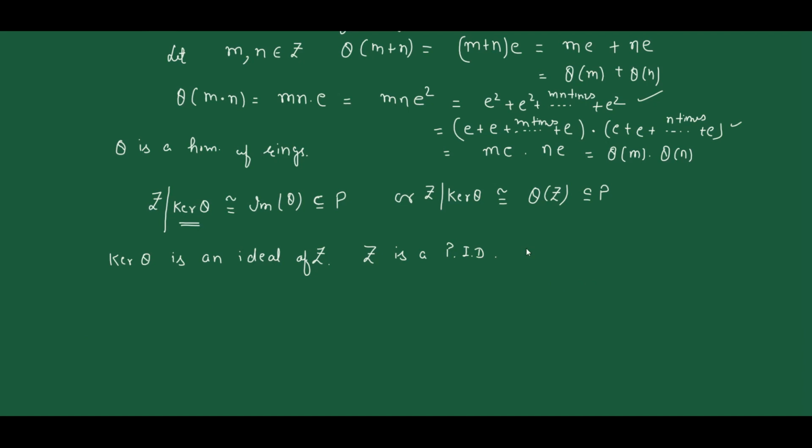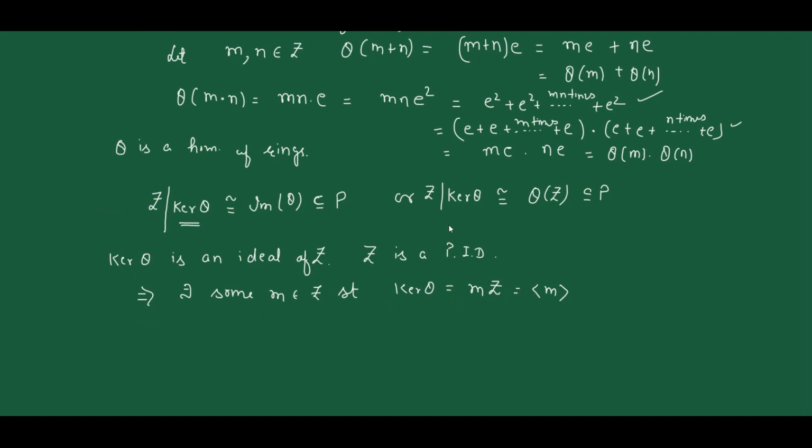Therefore, every ideal is generated by a single element. This implies there exists some m belonging to Z such that kernel theta is generated by m, because Z is a PID and kernel theta is an ideal. So this is the kernel.